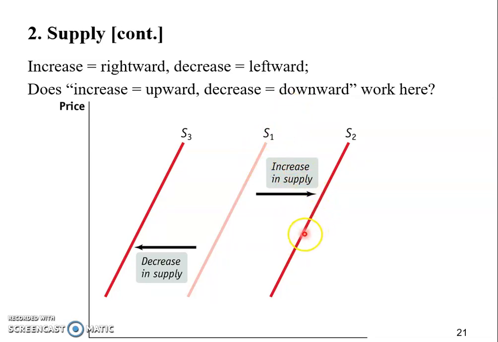So it looks like S2 lies below S1, right? So you tend to say that we shift the supply curve down. But remember, we are trying to show supply increases like this, right? So it's quite confusing. And vice versa, you would say we shift the supply curve up, but we actually mean the supply is going down. So please stay away from the upward or downward.